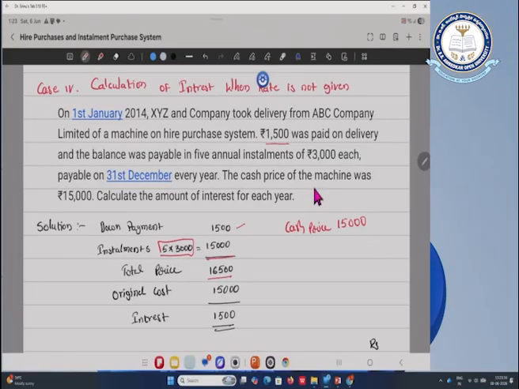The actual cost is only 15,000, which they already gave. So how much excess did we pay? 1,500 rupees excess. This is nothing but interest. Is it clear? The difference between the total price paid and the original cost of the product is called interest. This 1,500 we again have to segregate year by year.